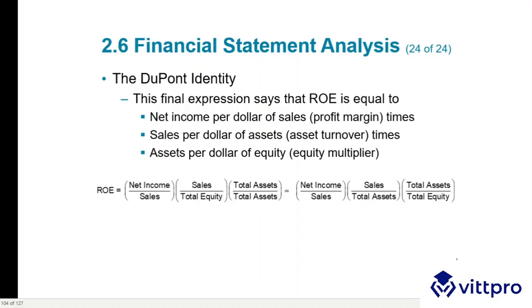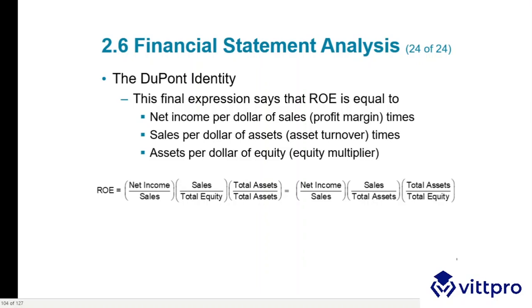They divide the one simple ratio, ROE, return on equity, into three separate parts to understand the various efficiencies by different people. So who is responsible for income? The operations, right? The operations people are responsible for creating the profit out of the sales, correct?